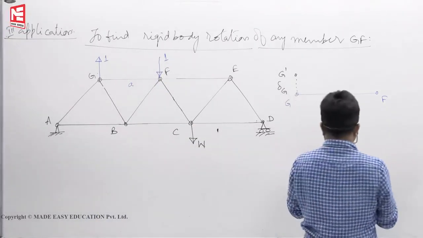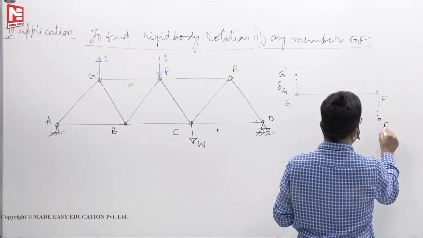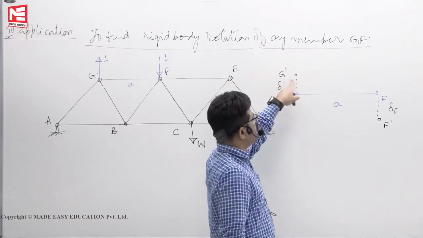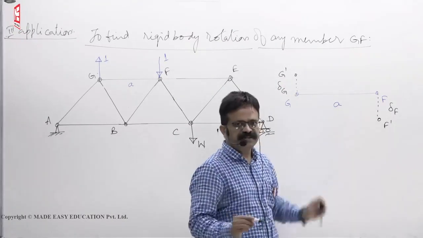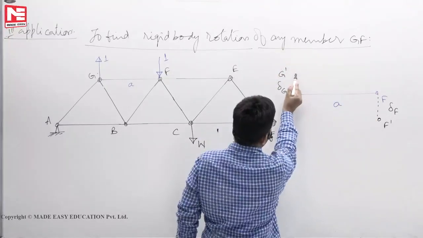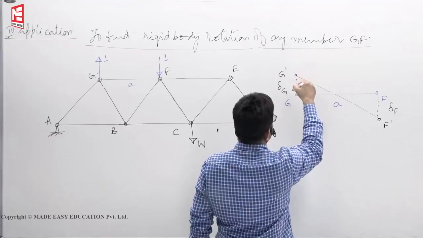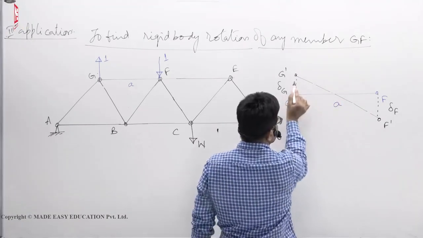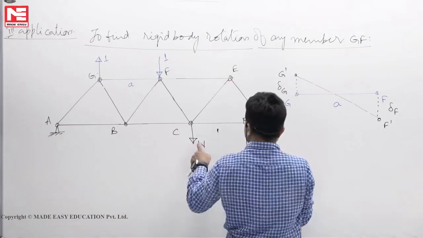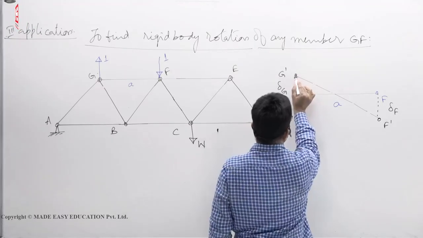Assume that you calculated that also and got it this way. F comes to F dash, this is delta F. This is say 3 mm, this is say 5 mm. Some calculations you got. Now this went up, this went down. This is the final position of the member. G goes to G dash, F goes to F dash. Blue color is the initial position of the member before applying load. After applying load, G dash F dash is the member position. Then how much did it rotate?